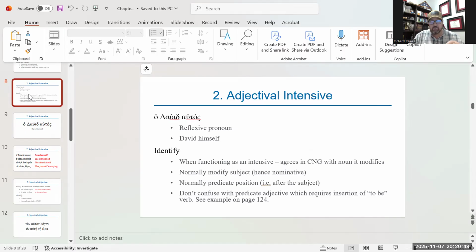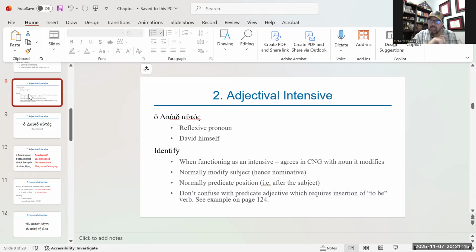But in the next example that Dr. Mounce has for us, autos ho Jesus, you've got "he, the Jesus." It doesn't make any sense in English, but because you see that autos is modifying Jesus in this case, then it would just be Jesus himself. So it's intensive.